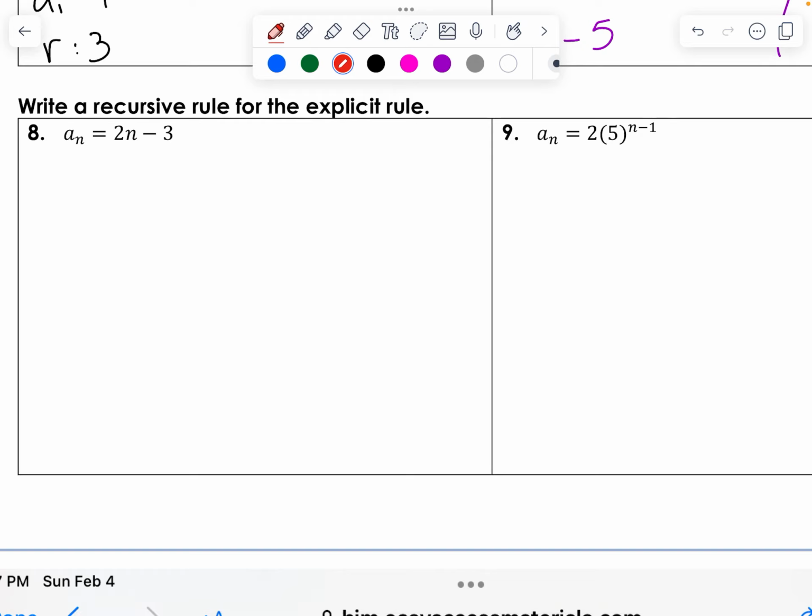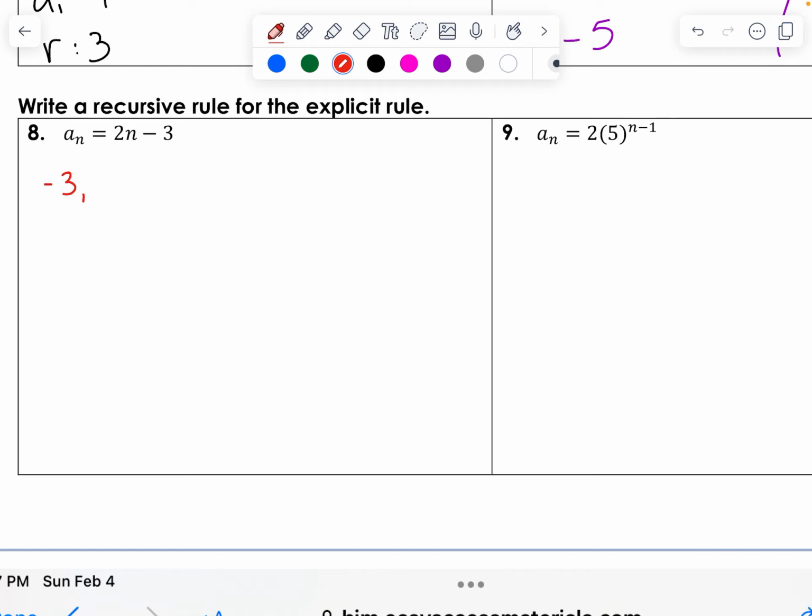All right, this is kind of a challenge problem here. So this is 2n minus 3. If I think about what's happening here, I'm taking 2 times something minus 3, right? If I were to write out this sequence, let's say I start with n is 0. 0 minus 3 is negative 3.